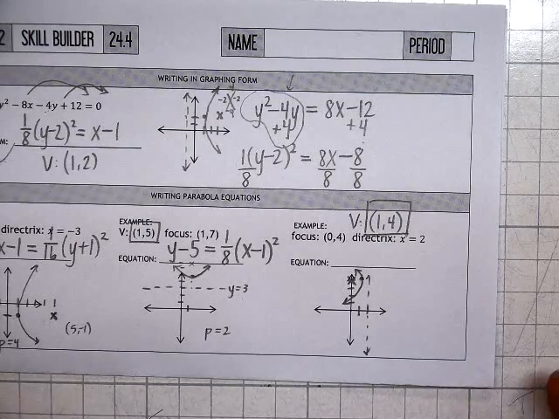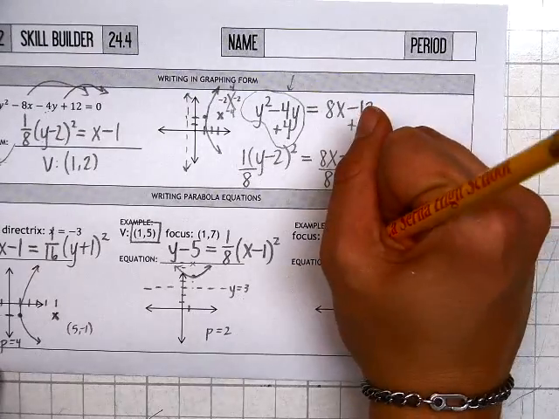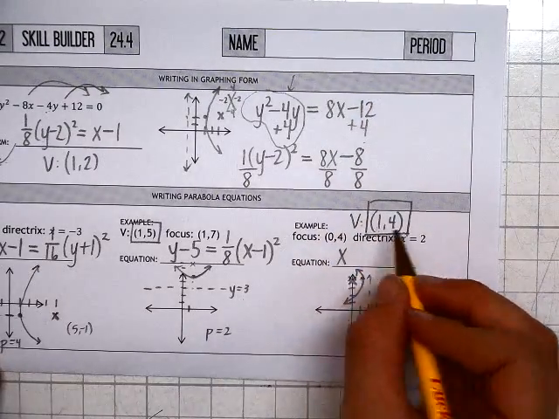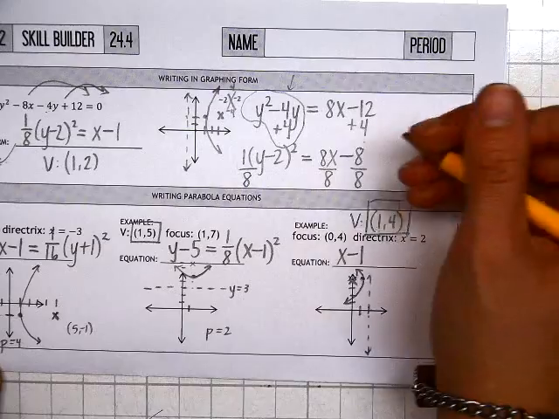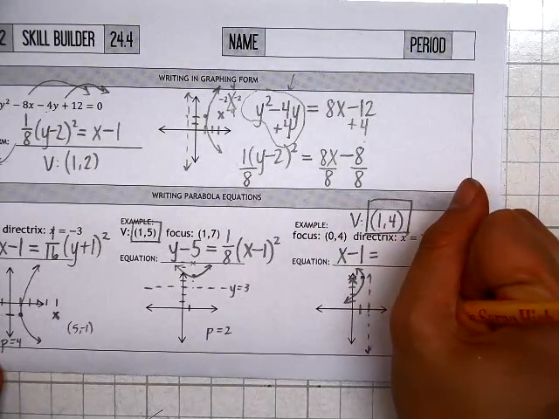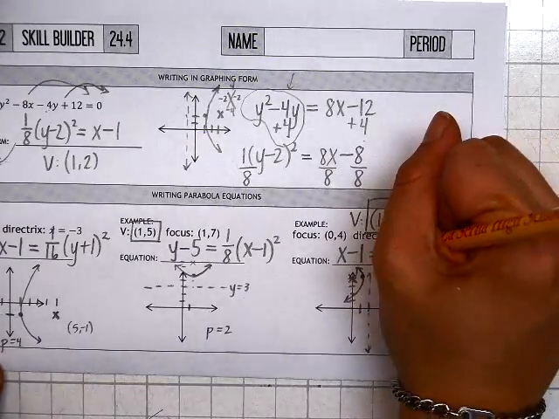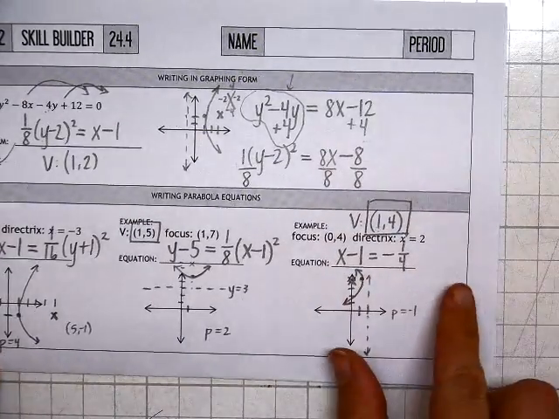So backing up for a second, we're horizontal here, so we're going to start our equation with x. In this case, since the x coordinate is 1, x minus 1 equals, now let's think of our fraction. The p-value is 1, it's negative because it's facing left, so that means our fraction is negative 1 over 4.